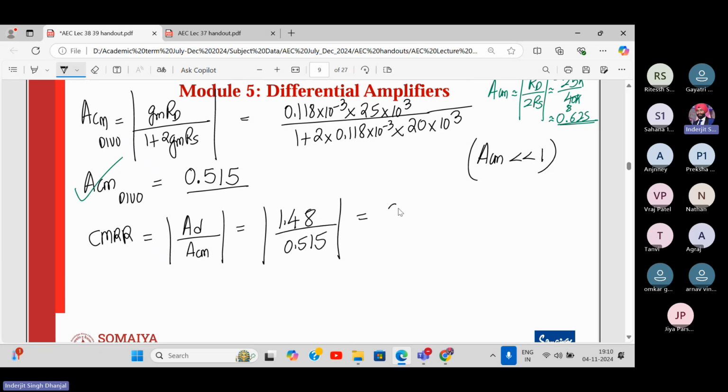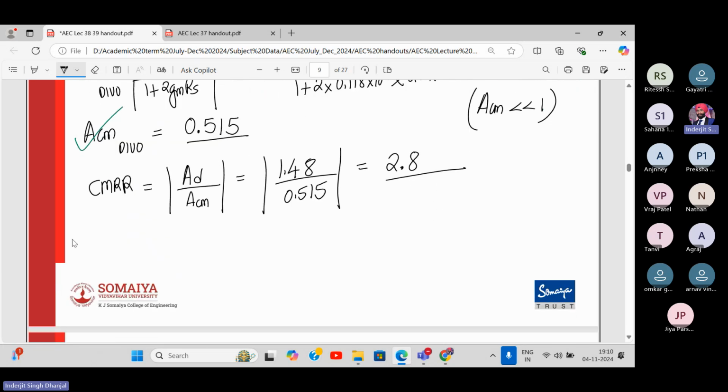How much is this? Is it 2.8 something? Just check. Is this the value? Yes, sir. 2.873. Now, this is not the end.